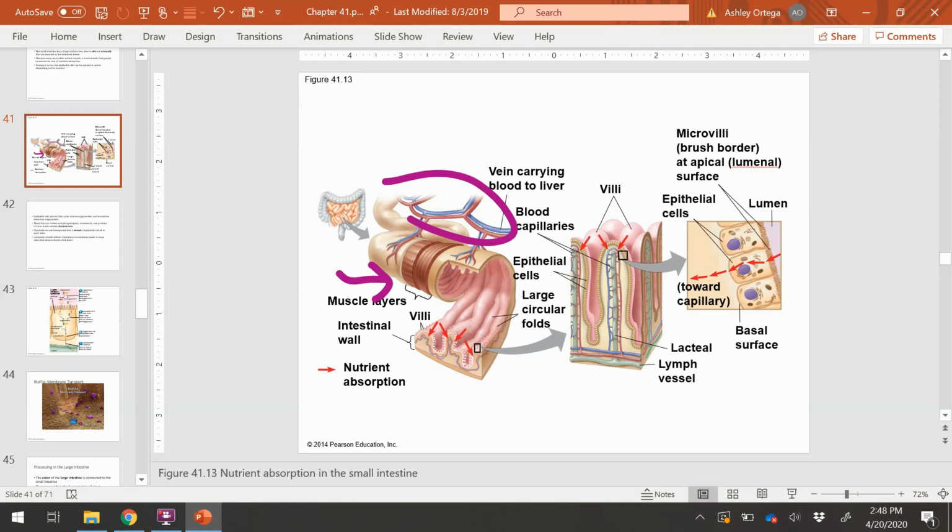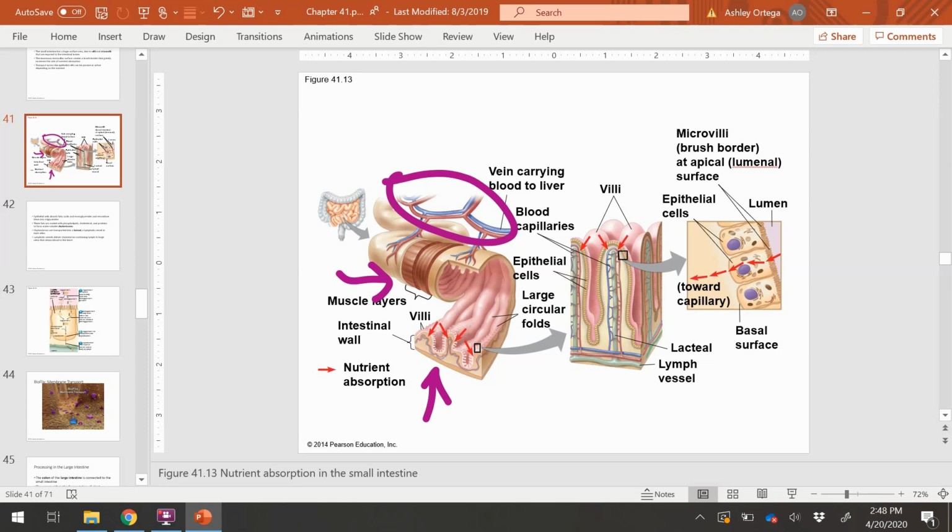It's connected to the circulatory system through blood capillaries, where the nutrients get transported and then circulate through the body. And then you see the brush border, the highly folded surface on the small intestine.